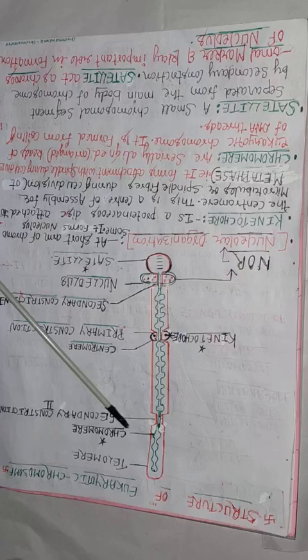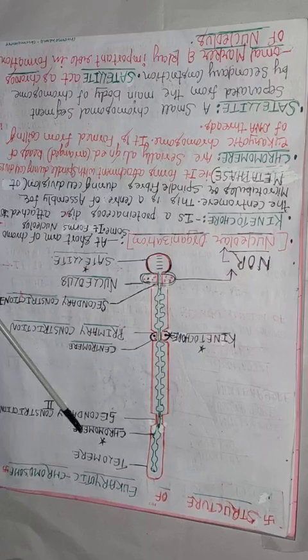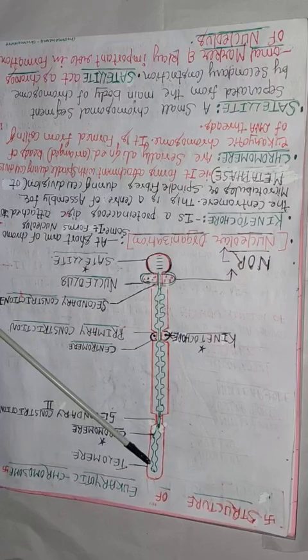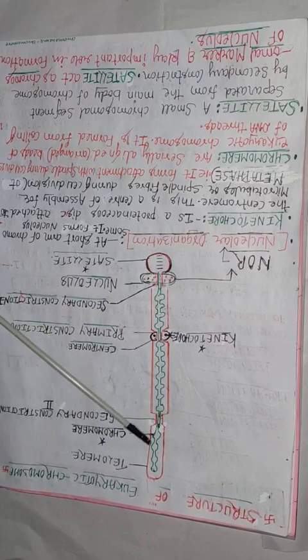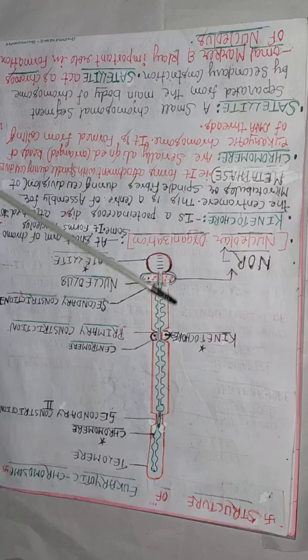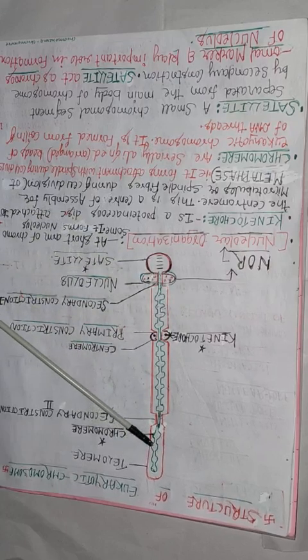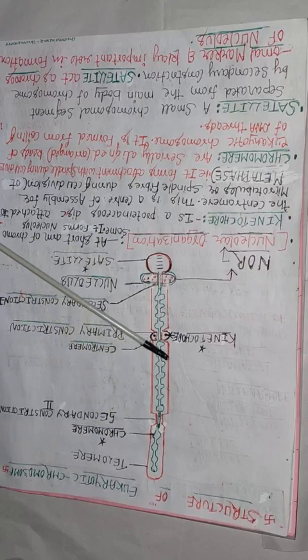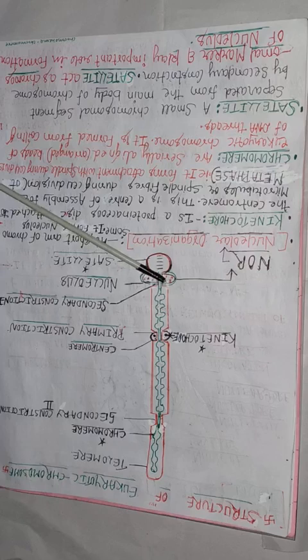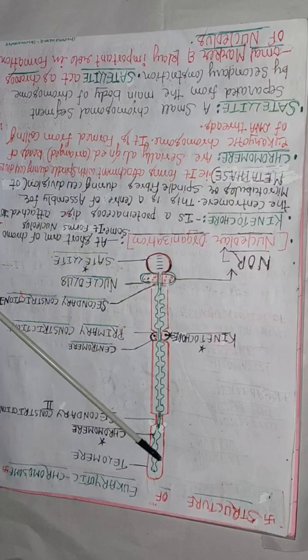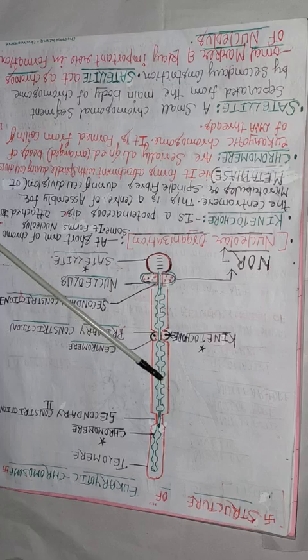Now student, what is chromomere? Chromomeres are serially arranged bits of eukaryotic chromosomes. It is a serially arranged bead-like structure of the eukaryotic chromosome. This green bead-like structure. And how is it formed?